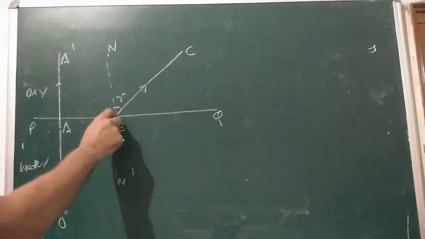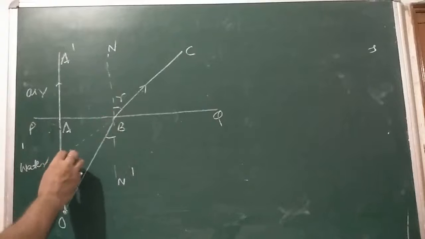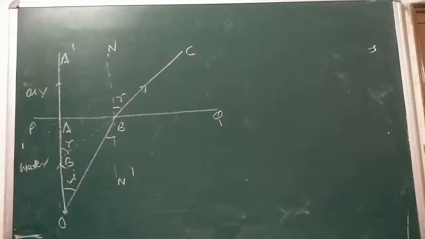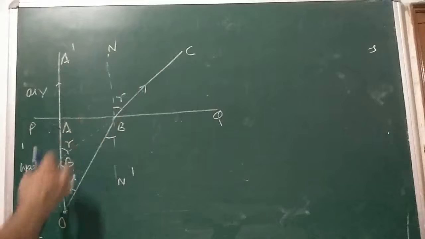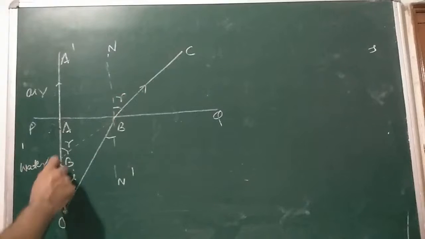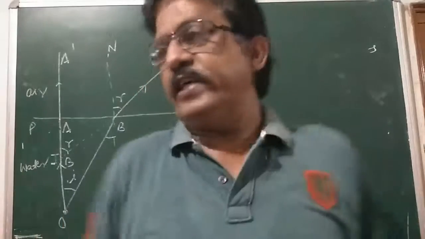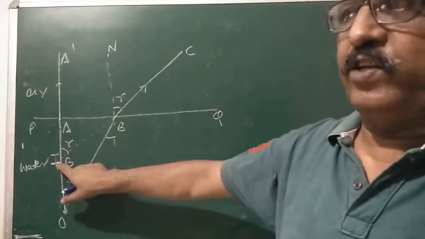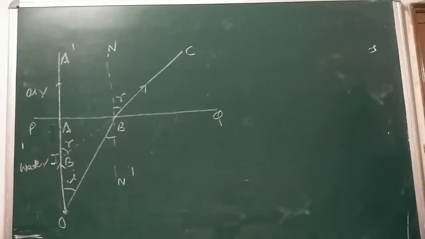When it is taken back, I will get it here. It meets OA at I. This angle is also R. So it is refracted at R along BC, meets OA at I when produced back. So I can say this I is a virtual image. This I is a virtual image of the object O. Is it clear? Draw this diagram.